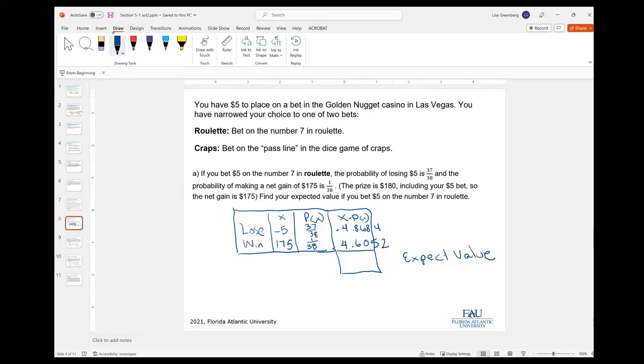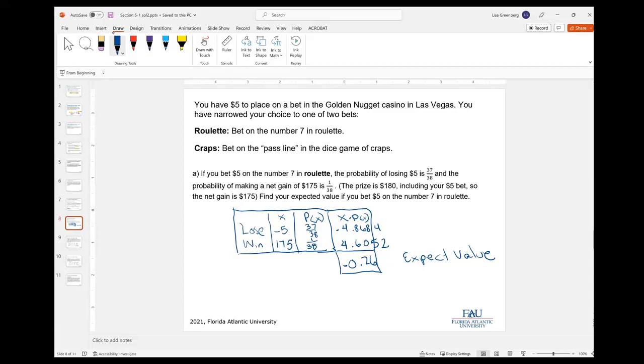So my expected value is going to be equal to negative 0.26. So I expect that if I play this game long enough, I'll lose 26 cents every time I play, right? And maybe I'll get really lucky and I'll win.